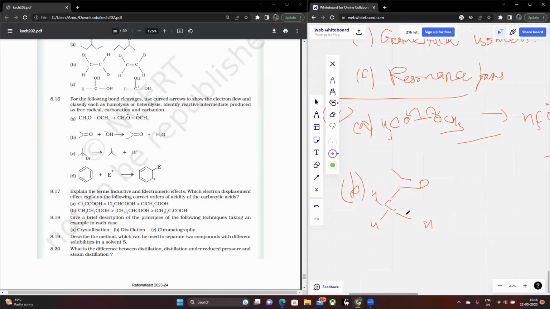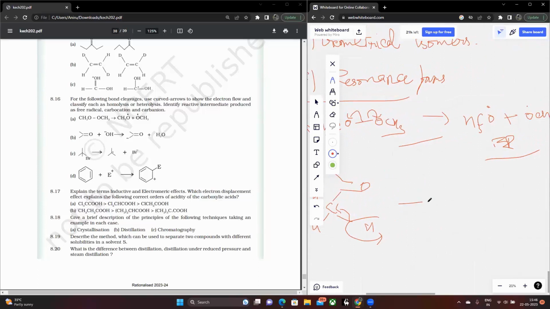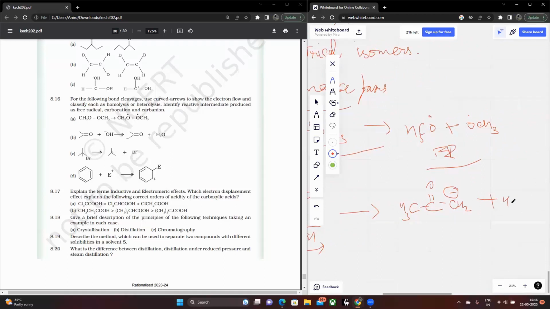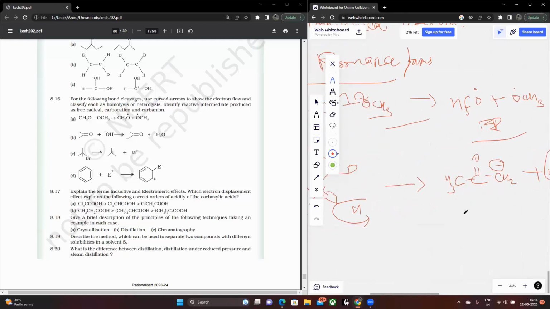This C-H bond basically cleaves off. The carbon draws both the electrons and hydrogen is basically left out. This becomes H plus and CH3COCH2 minus, and H plus, which is gobbled up by this OH minus to form H2O, right?